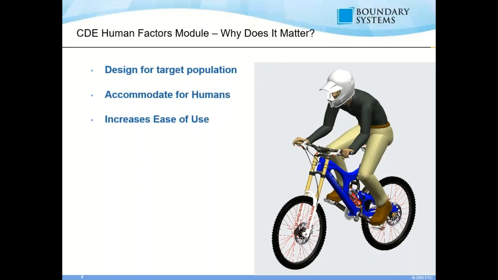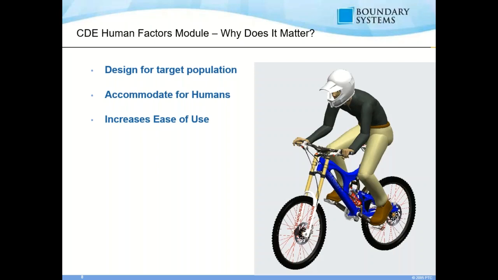Now, why does it matter? Well, a few things. One would be that you can start to target your design for a specific population, or you can design for your target population, right? You can create your design knowing that whoever your target population is can comfortably use your product. You're accommodating for humans.